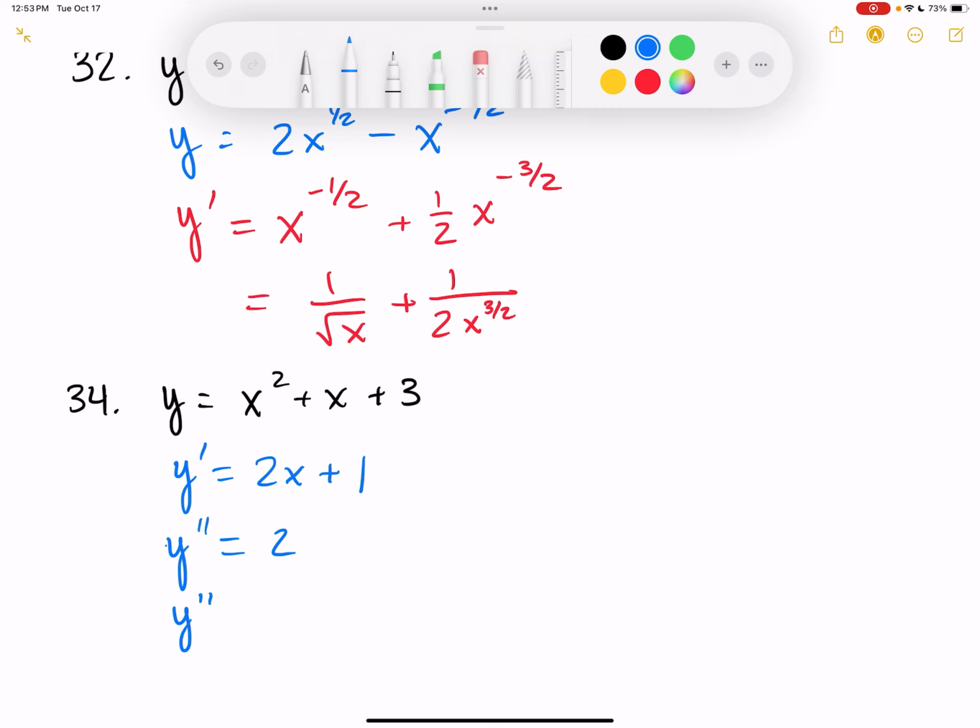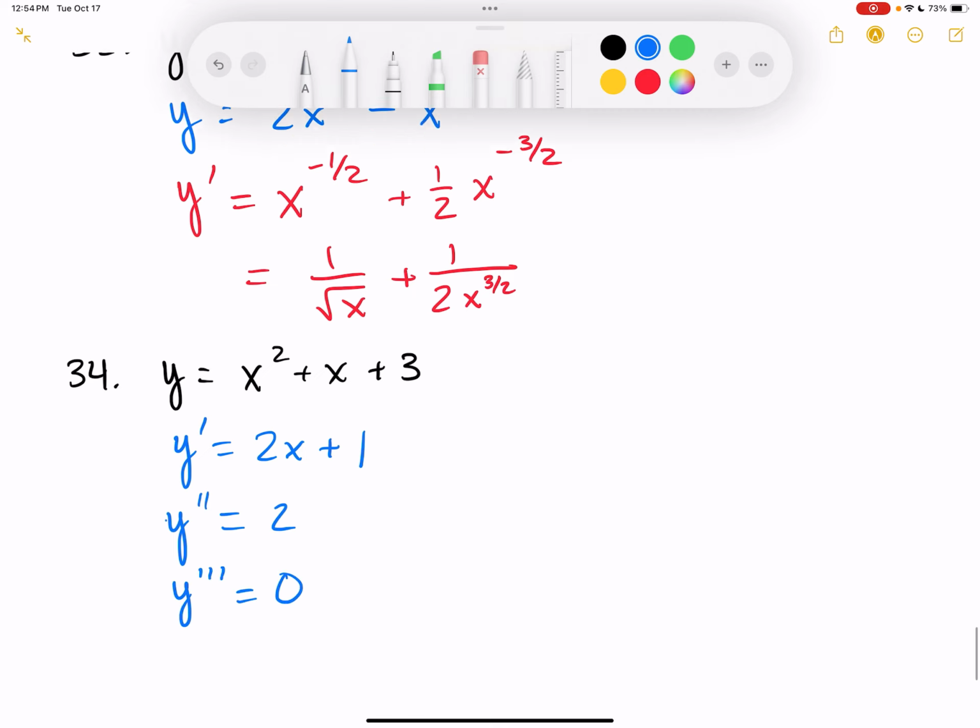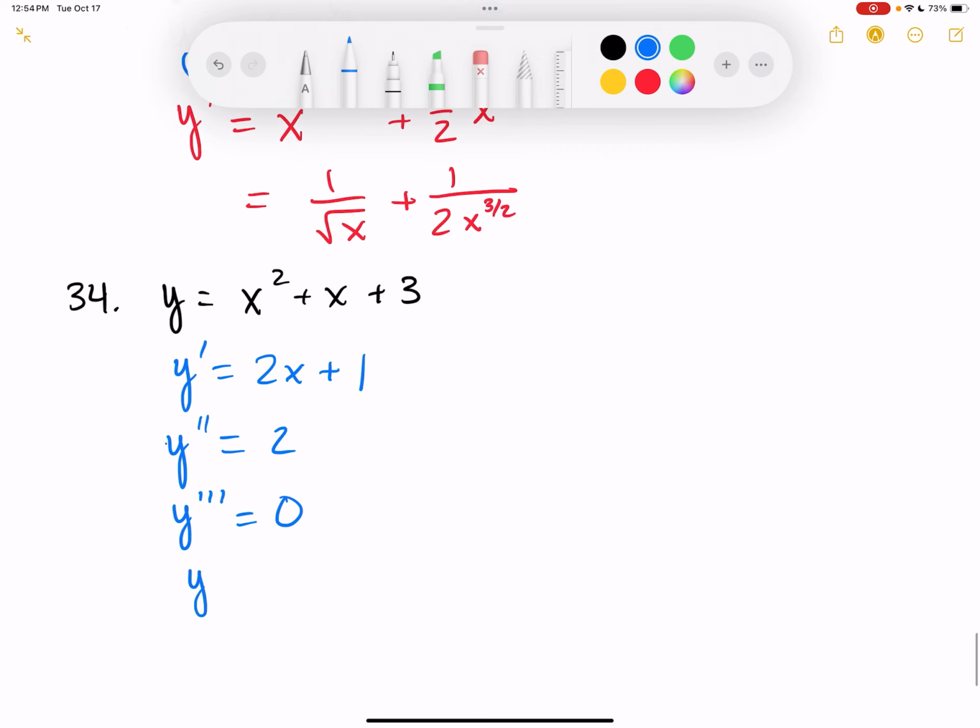Third derivative, so y triple prime is 0. And then y to the 4th. What we do is instead of writing 4 little primes, we just write in parentheses a 4. That's nice. Just to show that it's the 4th derivative. And the 4th derivative of 0 would be, the derivative of 0 is 0.